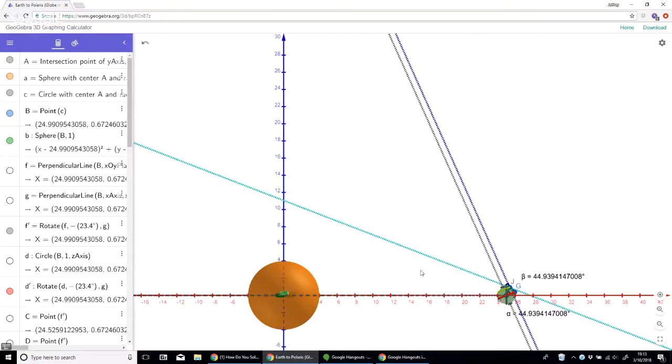This dashed light blue line represents his horizon. The sun is below his horizon. He cannot see the sun because the sun is below his horizon. He can only see things that are above his horizon.